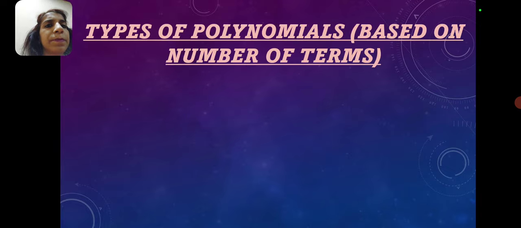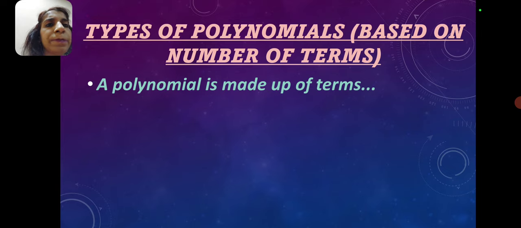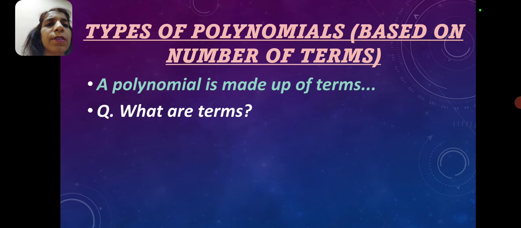Okay. So next we will see types of polynomials. Based on the number of terms, we define the types of polynomials. Okay. So a polynomial is made up of terms. So what are terms?